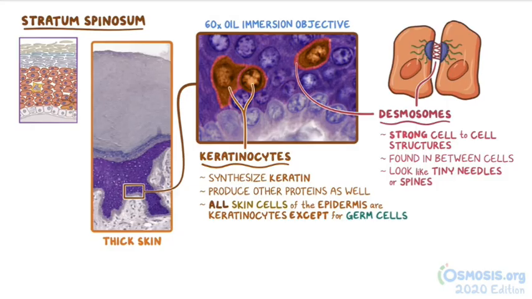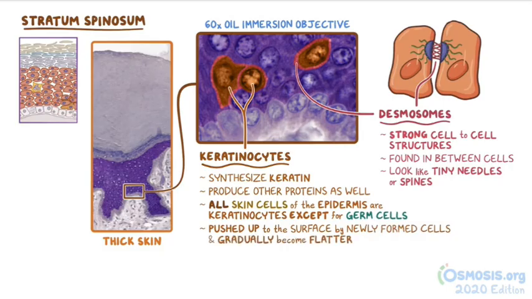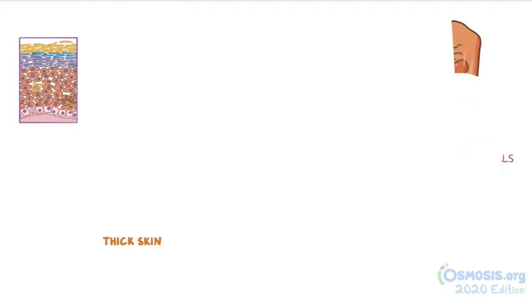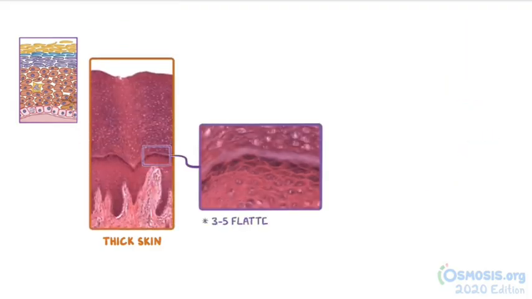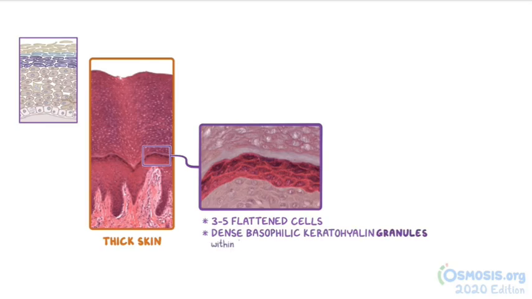As the keratinocytes mature, they're pushed up closer to the surface by newly formed cells below, and gradually become flatter in appearance as well. Above the stratum spinosum is a layer of 3 to 5 flattened cells that contain dense basophilic keratohyalin granules within their cytoplasm, which is why this layer is called the stratum granulosum.